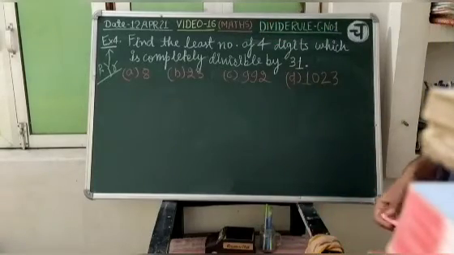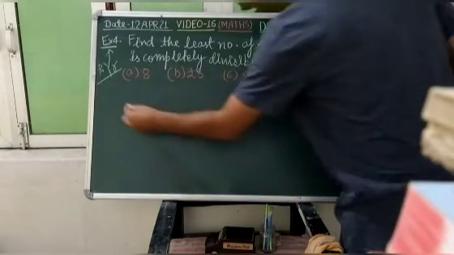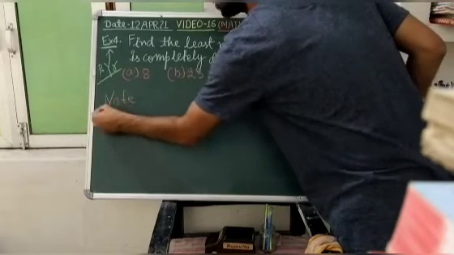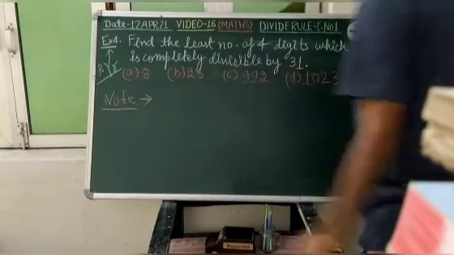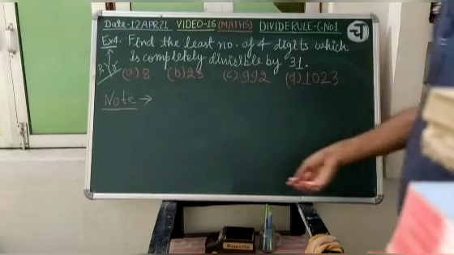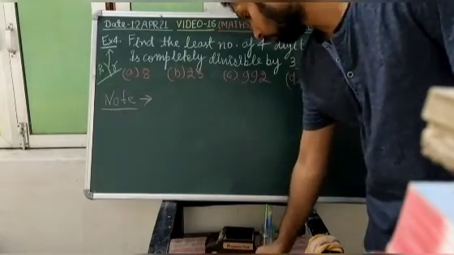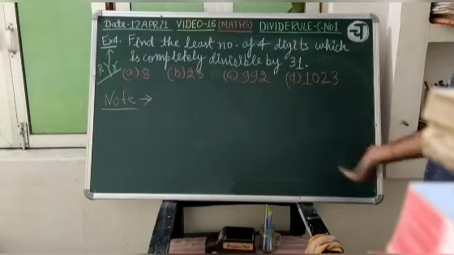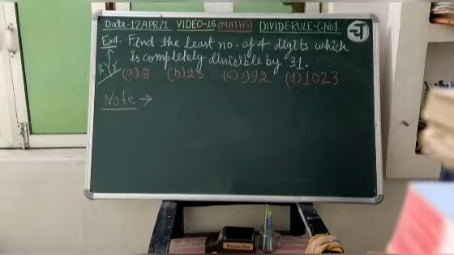Before that, student, please note, I have told you this thing in the first video of the number system, and you must be aware of those things. Then only you can proceed to the other things.